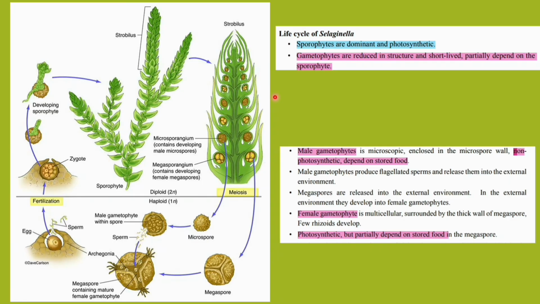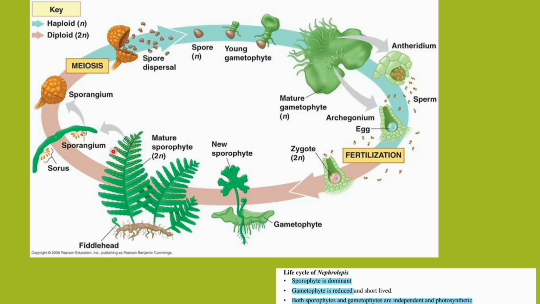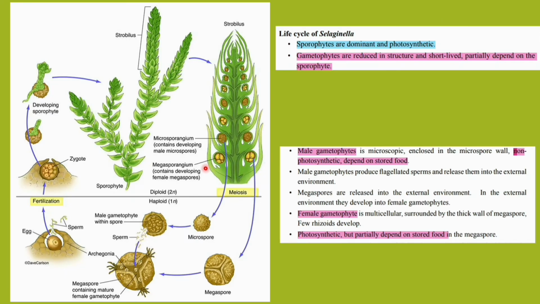Then if we consider Selaginella, Selaginella has a dominant and photosynthetic sporophyte. But the gametophytes are reduced and short-lived, and they have clearly mentioned these gametophytes will depend on the sporophyte. So they partially depend on the sporophyte. So species A is Nephrolepis and species B is Selaginella.